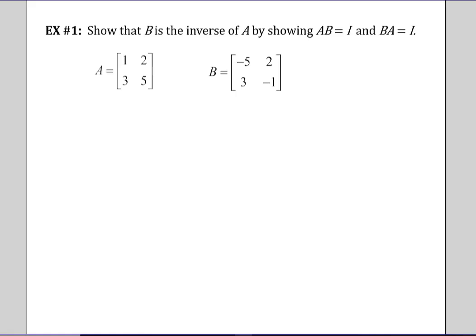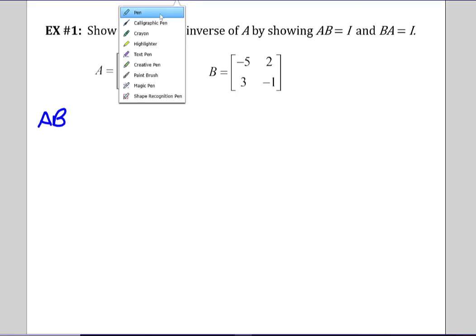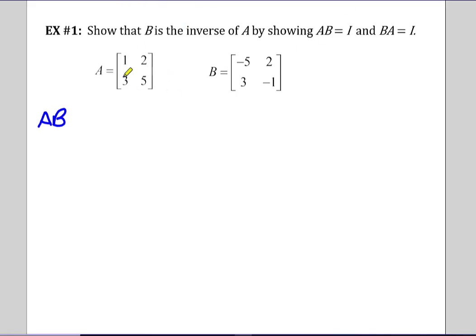First let's experiment to show that if we multiply A times B, we're going to produce the identity matrix, and likewise B times A. This is what we ended up with in our last lesson.